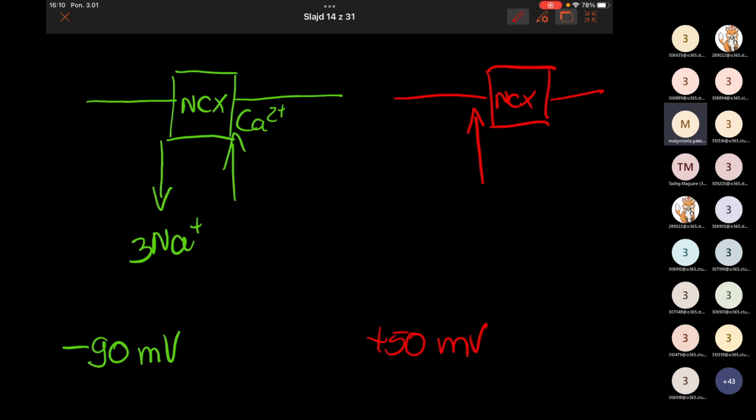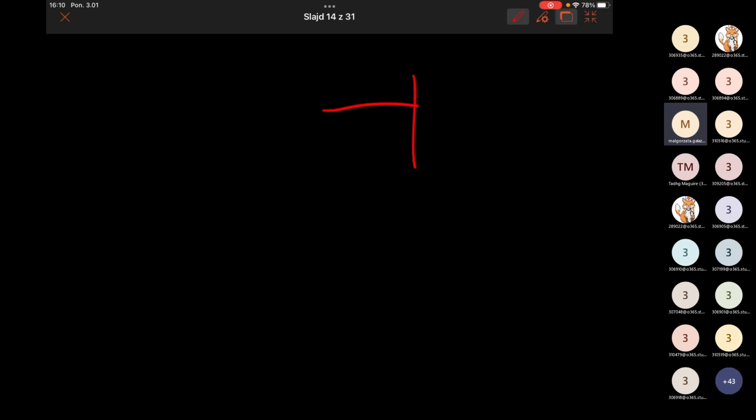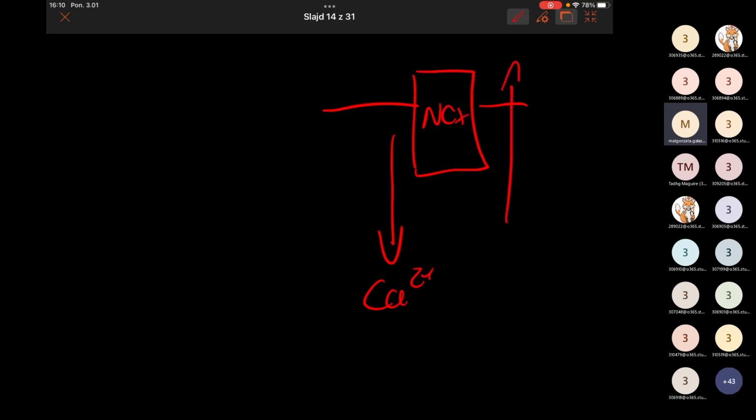That's why once the cell membrane is depolarized, the sodium calcium exchanger transports calcium ions into the cell and removes sodium ions from the cell. So the sodium calcium exchanger can remove calcium ions only when the membrane potential is negative.